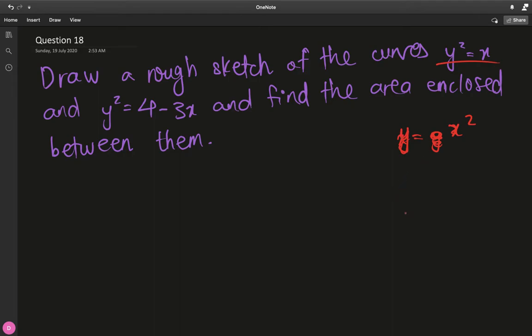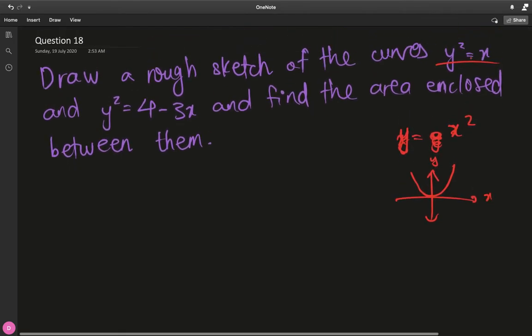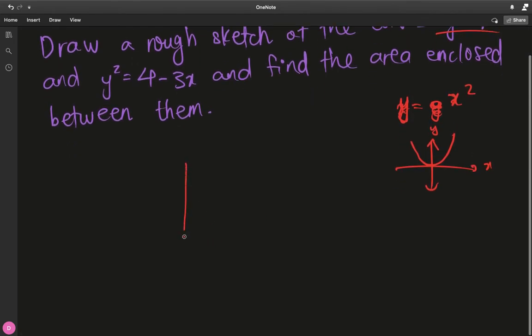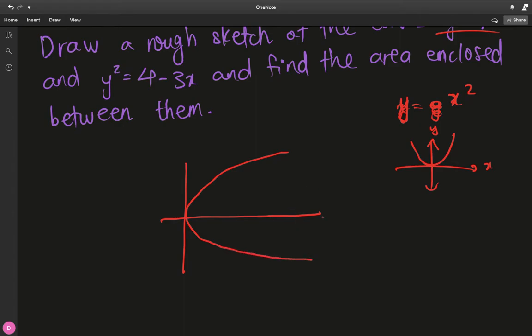And y is equal to x squared is this simple parabola, faced like this. You call this the x-axis and this the y-axis. But if you have y squared is equal to x, that is going to look just rotated 90 degrees. So it's going to look like this roughly, where this is the x-axis, this is the y-axis.